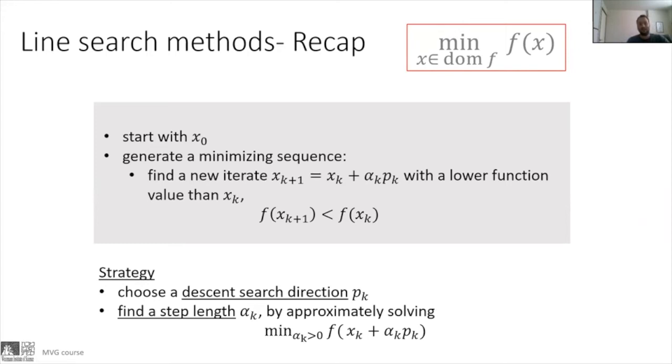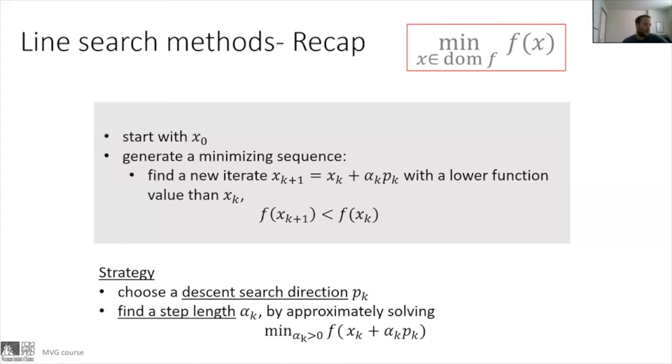It's an iterative method where we start with some x0, and we want to generate a minimizing sequence by updating our x by some direction p and some scale of this direction alpha k, that will lead to a decrease of the objective, the function that we want to minimize. In each iteration, we decrease the value of the function.